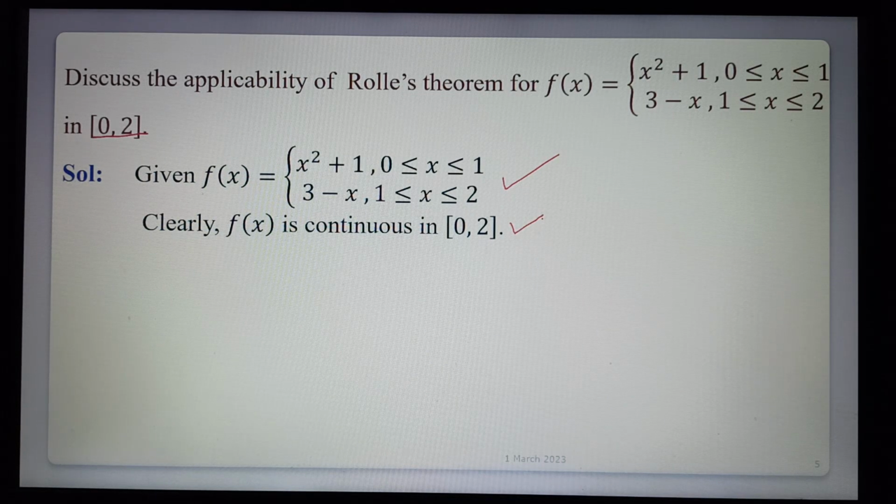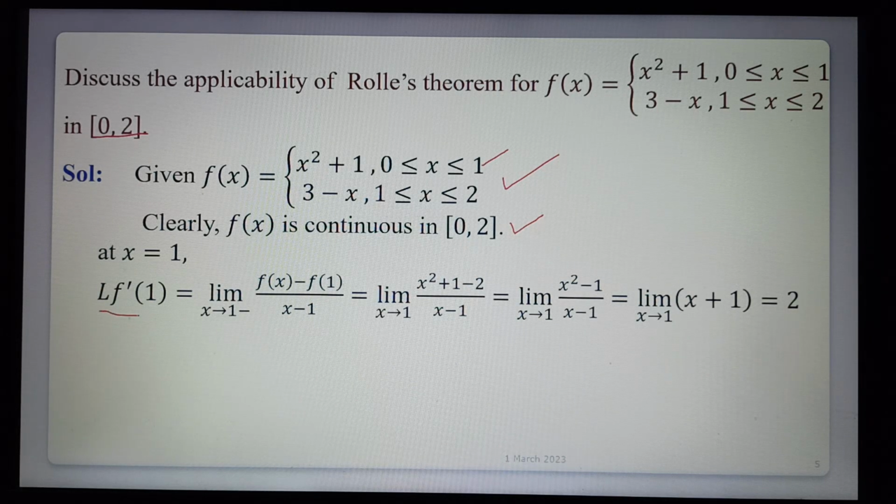Now discussing the differentiability. At x = 1 there is a breaking point. Is it differentiable or not? At x = 1, the left derivative: Lf'(1) = limit as x tends to 1 minus of (f(x) - f(1))/(x - 1). For the left side, x < 1, f(x) = x^2 + 1, and f(1) = 2.